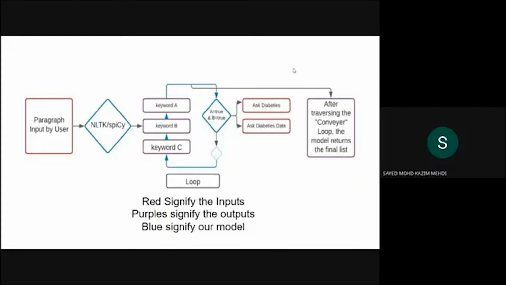After that it will ask questions like whether you have diabetes or not, and what's the last date when you checked your diabetes. After that, it will traverse the whole question and answer input and give the final list of the predicted output. The next slide will be explained by Afif Palawkar.